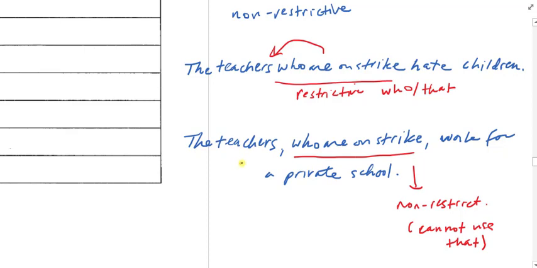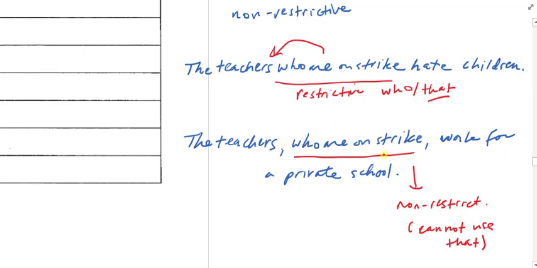The teachers that are on strike work for a private school. Doesn't work, right? It's the teachers that are on strike hate children. Restrictive relative clauses can have the that. Make sense? Teachers that are on strike work for a private school would be incorrect.